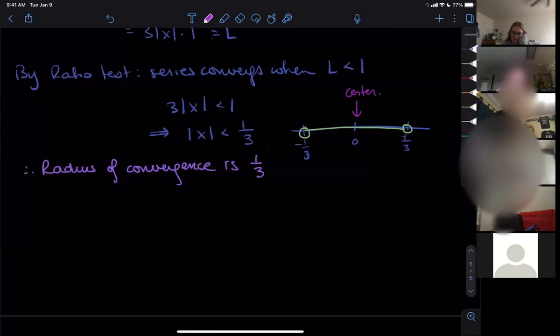So the radius of convergence, how far can you get away from the center? 1/3 in either direction. So that's what the radius is. The interval of convergence, we don't quite know yet, right? Because we don't know what happens at those endpoints. Maybe those endpoints are included in what converges and maybe they're not. We just don't know. So to find the interval of convergence, we have to check the endpoints.